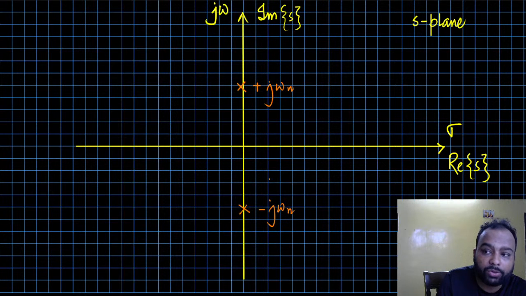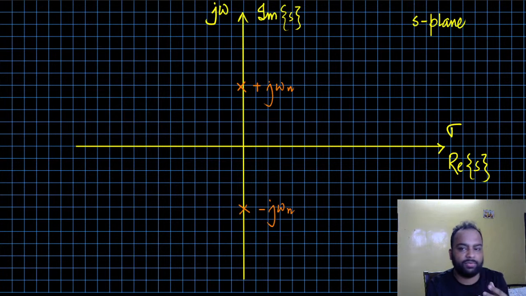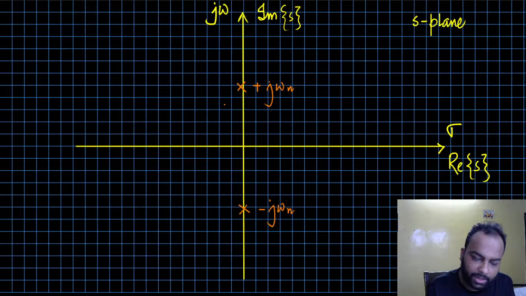These values are actually denoting the undamped natural frequency of the response. So essentially, if we have an undamped system, then the poles would be on the j omega axis, and the magnitude of one of the poles will denote the frequency at which the response oscillates perpetually without decaying, right? Something we already know.